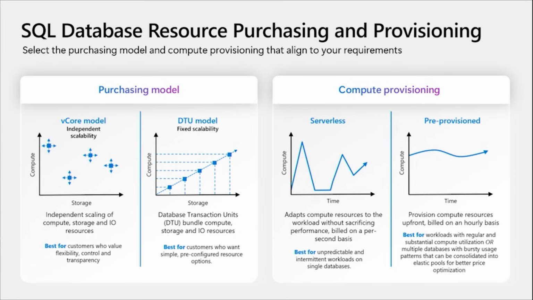So if you need really extreme amounts of memory, you might need more vCores, and that's just the simple physics of computers and the actual memory on the chips and on the bus, on the physical hardware that's running in data centers. So if you want ultimate flexibility, transparency, and control over your amount of memory and your storage and your compute, then you'll want to lean towards that vCore model. And we offer vCore models in both SQL Database and Managed Instance. DTU is a SQL Database only thing.